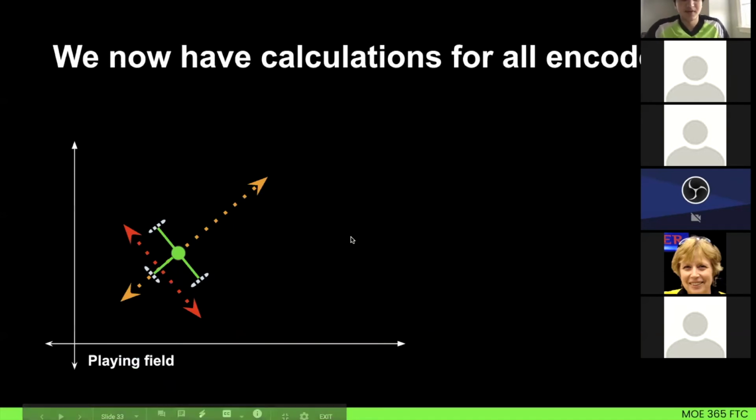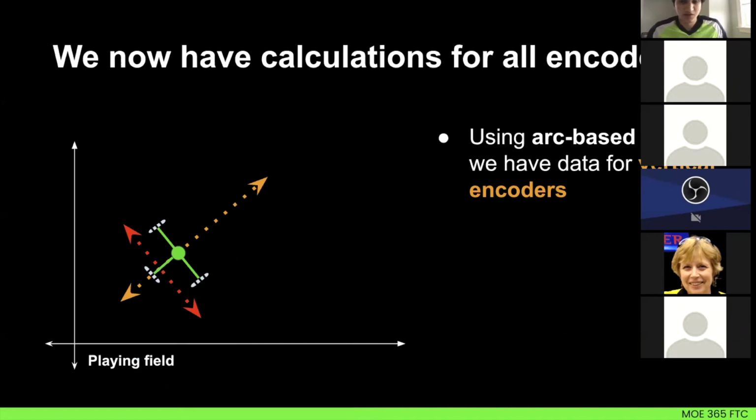So we now have calculations for all of the encoders on the robot. Using arc-based math, we have data for vertical encoders and we have data for strafe encoders, both calculated in slightly different ways. And just to reiterate why this is super important, is when considering movements of the robot, if the robot strafes and you have mecanum wheels, the robot's moving left and moving right.